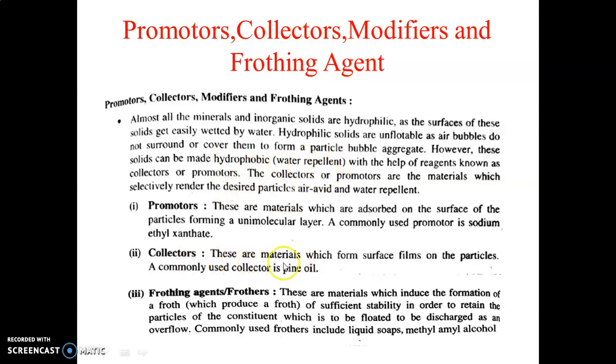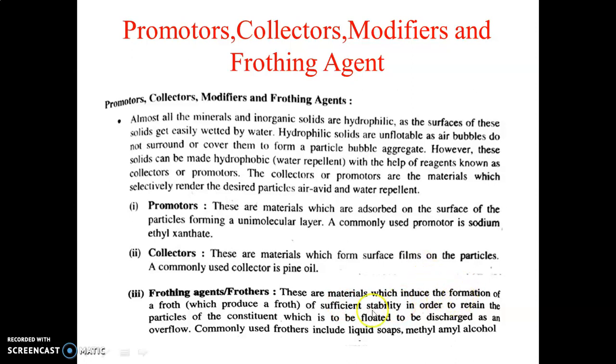Sometimes collectors are also added. That means you can add either promoters or collectors. These materials also form a surface film on the particle surface. Pine oil is used as a collector and frothing agent. So why are these agents added?